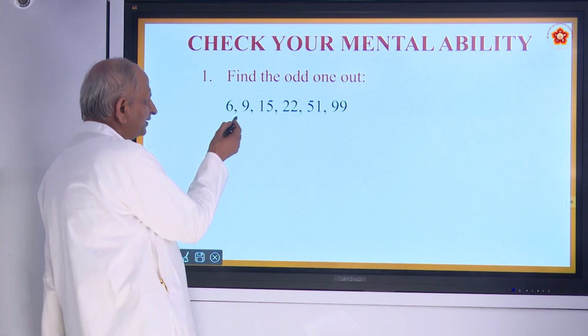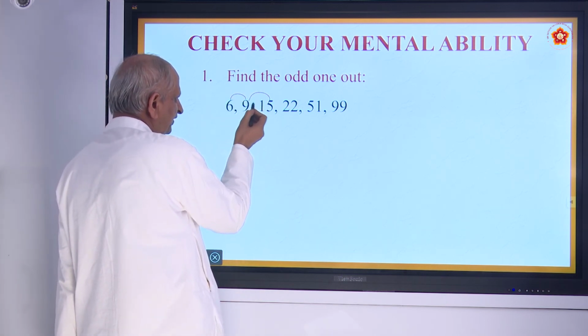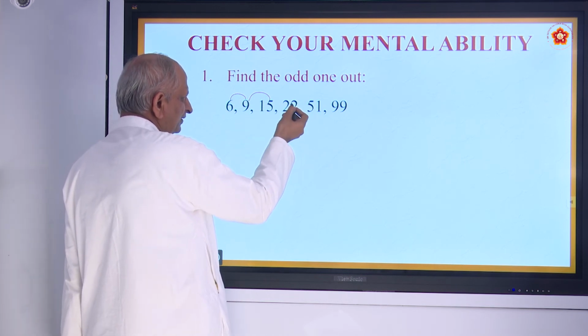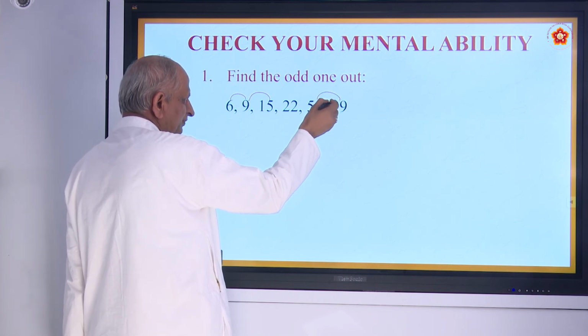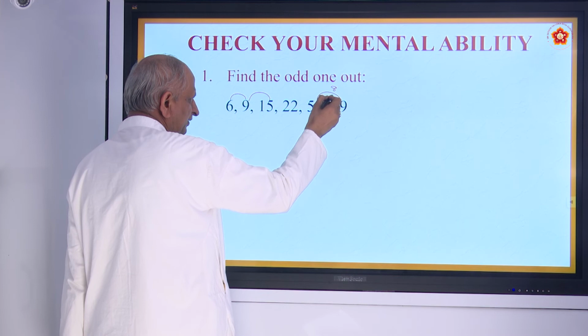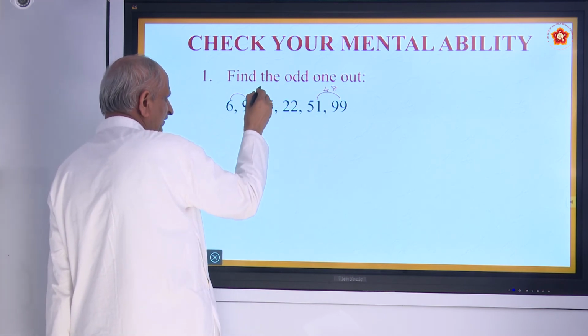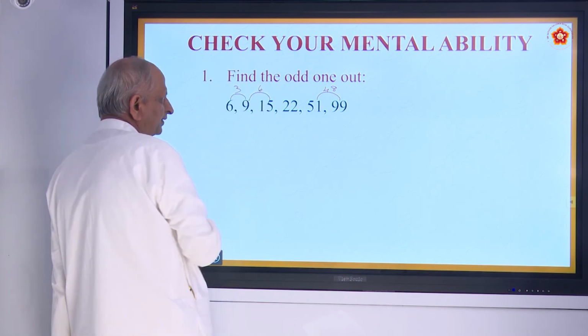See, 9 minus 6 is 3, this is 6, this is 7. This difference is 48, and this difference is 6, this difference is 3.